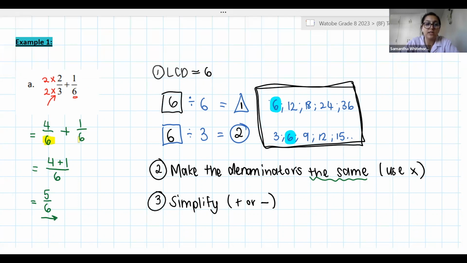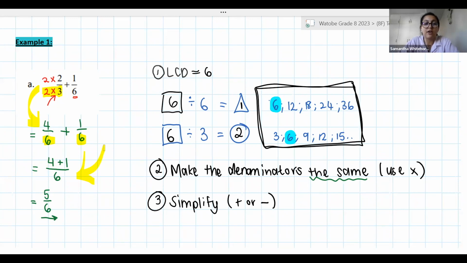So only once I've made both denominators 6 can I then do the addition. And in order for me to make this denominator 3 into 6, I have to times it by 2. And so that is why I'm multiplying by 2, so that my denominators are the same. And only once my denominators are the same can I do the addition.